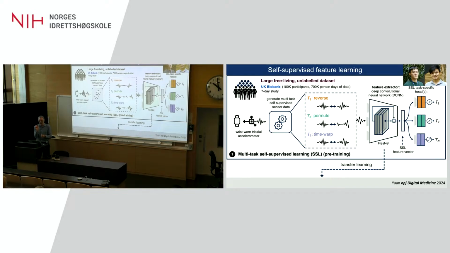Then I can do some deliberate perturbations to that data. I can reverse it, or stretch it out, or add some permutations to it. Then I give a neural network the challenge of guessing whether this data is in its normal form, its reversed form, its permuted form, or its time-warped form.